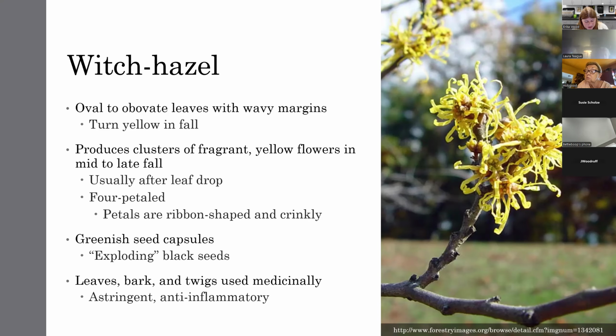So situations like that. A lot of times people may have used a tea extract, used to make a tea with witch hazel, usually from the leaves or the bark. And a lot of times that helped aid in the use of stomach ailments.